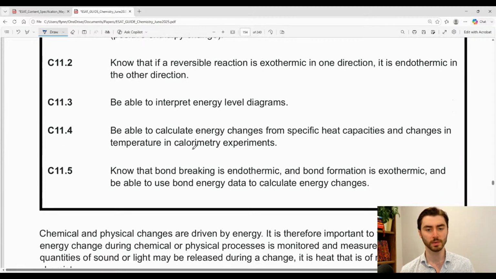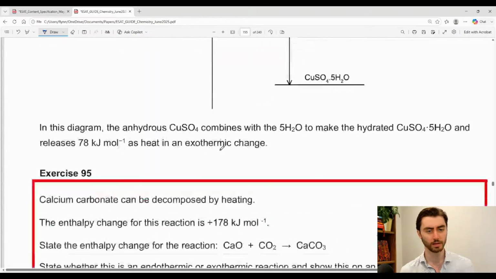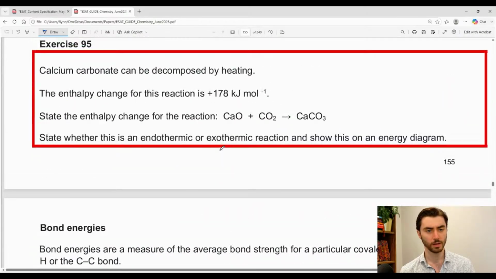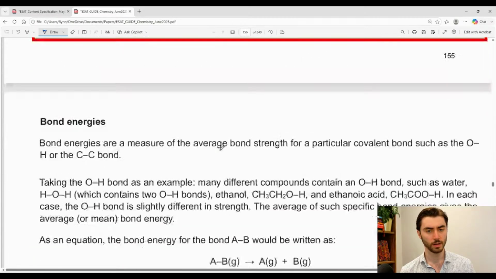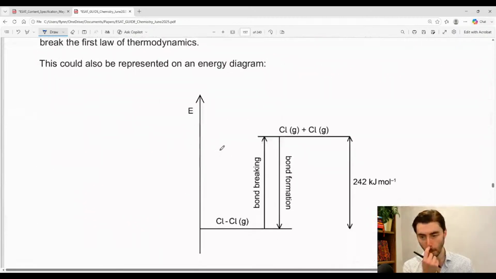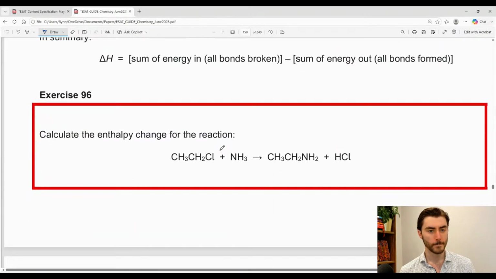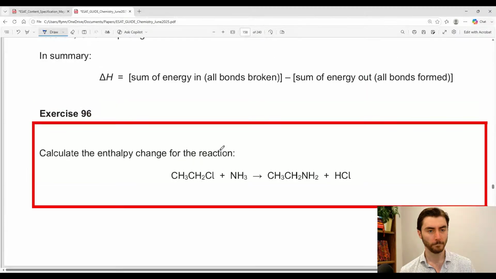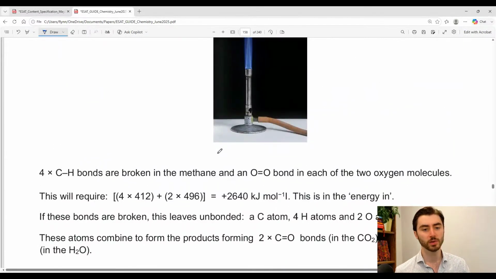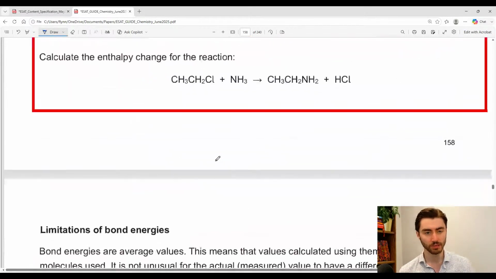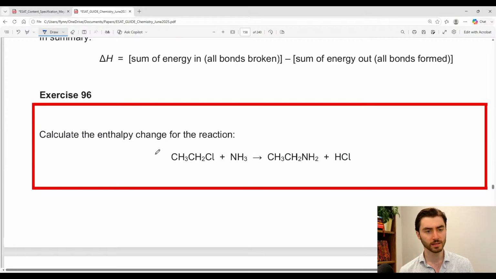Okay, so let's do some calculations we're given. You can do it one of two ways. You can either do it from the bond enthalpies, if given. That's insane, they're not giving me the data.